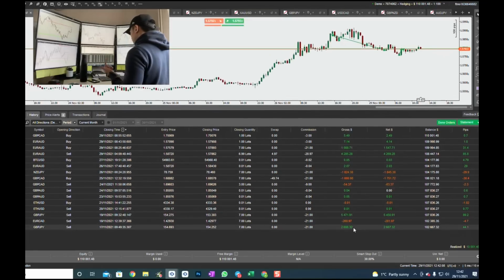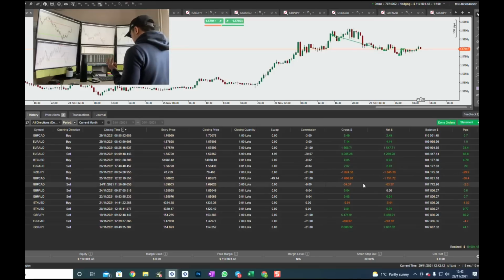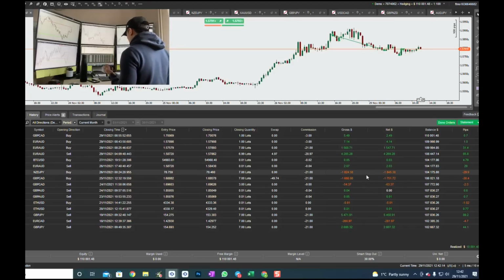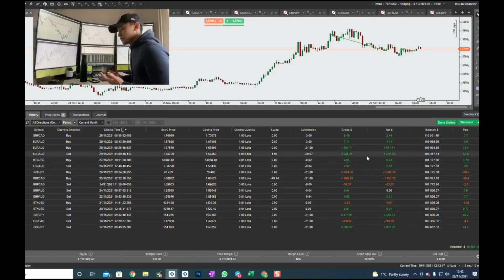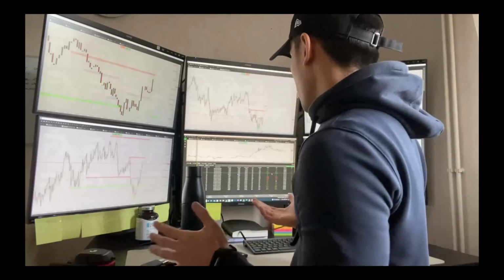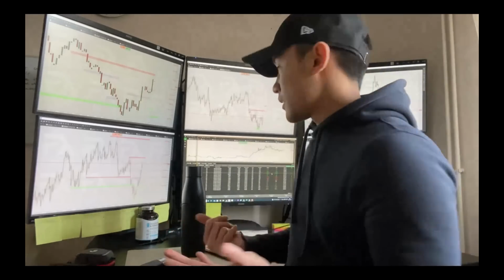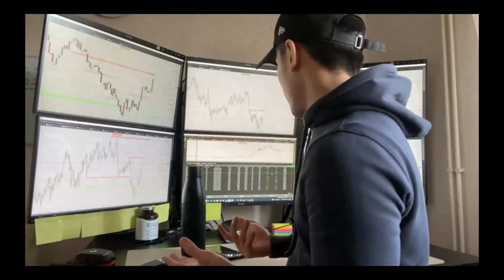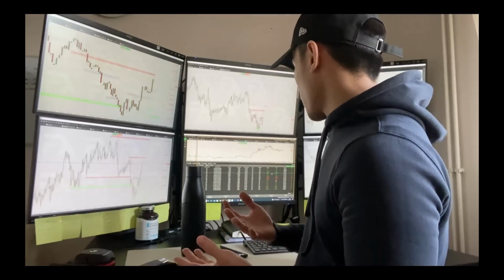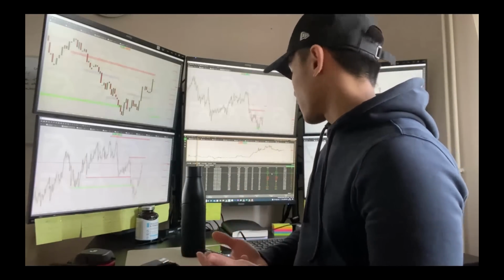So 1, 2, 3, 4, 5, 6, 7. So 7 trades it took me to pass this. It would have actually been 6 if I hadn't taken that NJ loss, which was my mistake. So it would have been 6 trades. 4 wins, 1 break even, and 2 losses.